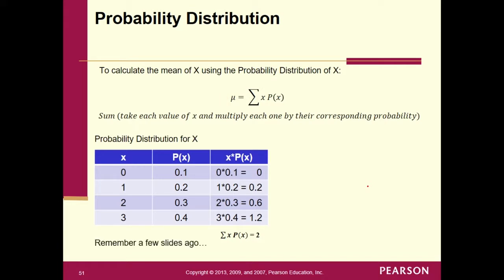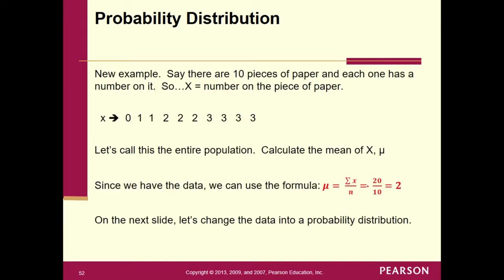So remember a few slides ago, I put it in red, but what I wanted you to focus on is that when we had the raw data, we used this formula right here, and what did we get for mu? We got 2, right?